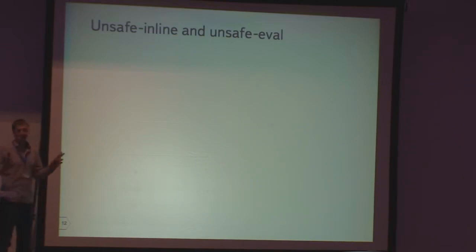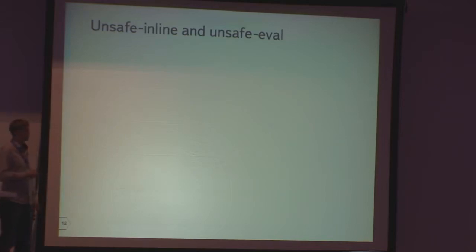It's called inline scripts, and content security policy by default rejects such scripts. But sometimes it's difficult to remove them in your web application, and there are two keywords in content security policy which you can use to allow some kind of inline scripts and styles.